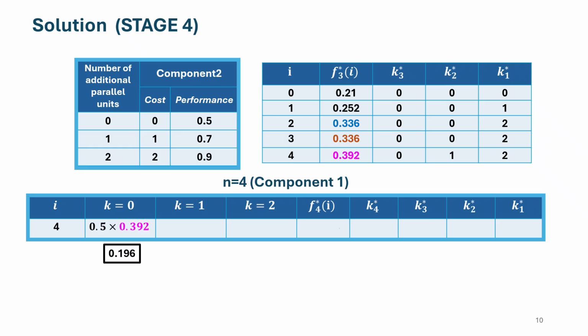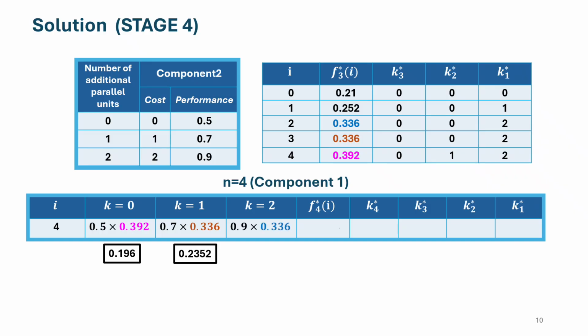In the second scenario, we choose 1 unit. The cost is $1, leaving a remaining budget of $3. The performance is 0.7. Multiplying 0.7 by the previous best performance for a budget of 3, which is 0.336, results in 0.2352. In the third scenario, we choose 2 units.